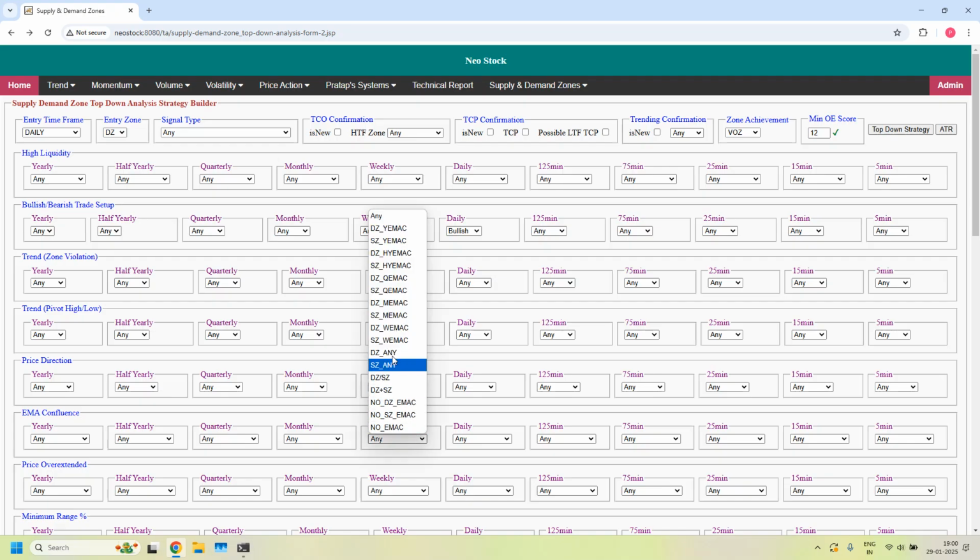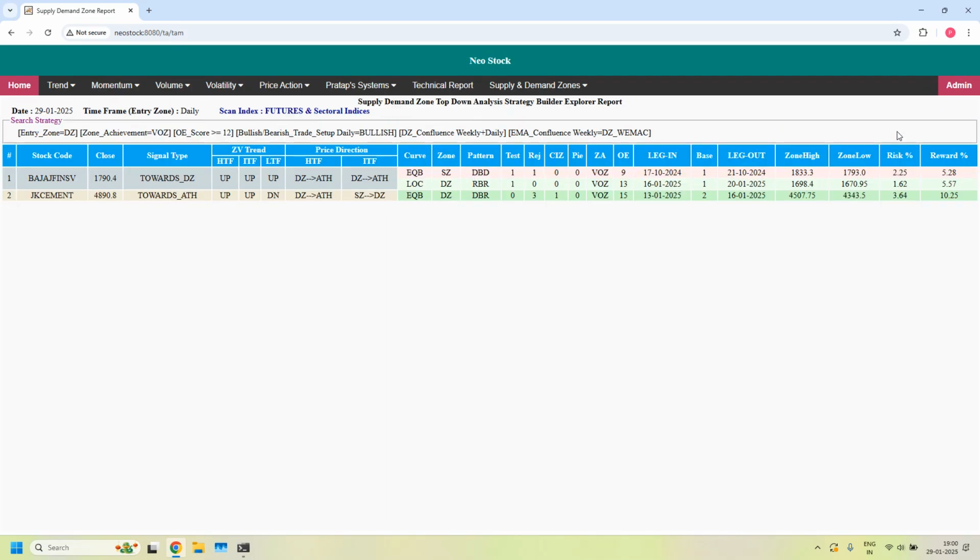I am setting the filter weekly demand zone having weekly EMA confluence. And already weekly trend is down for all these stocks, ITF trend. In bullish trade setup, ITF trend is always uptrend, you know that. See, now 2 stocks are filtered. Both these 2 stocks are even higher priority setup supported stocks.